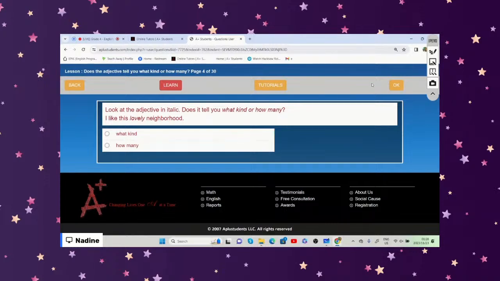I like this lovely neighborhood. So lovely is our adjective. Does it ask us what kind or does it tell us how many?